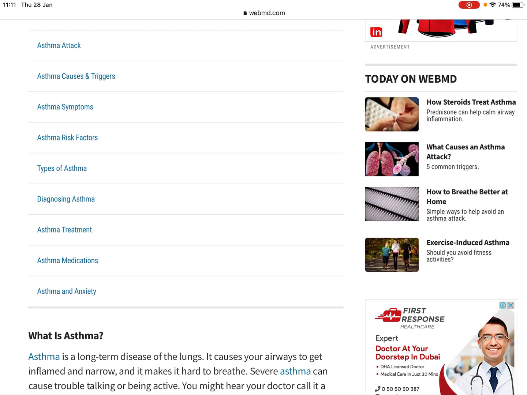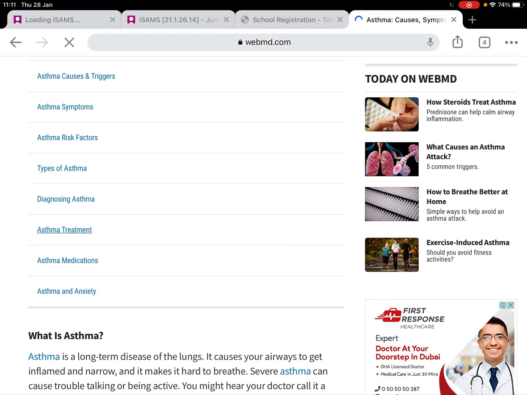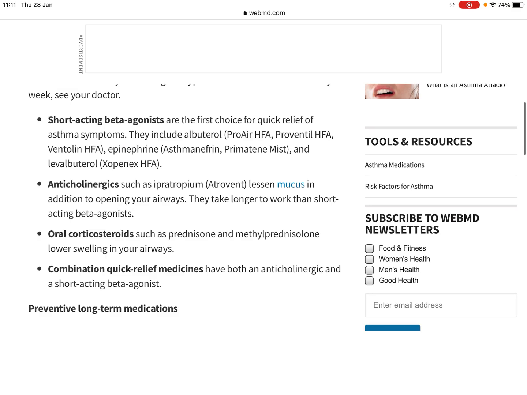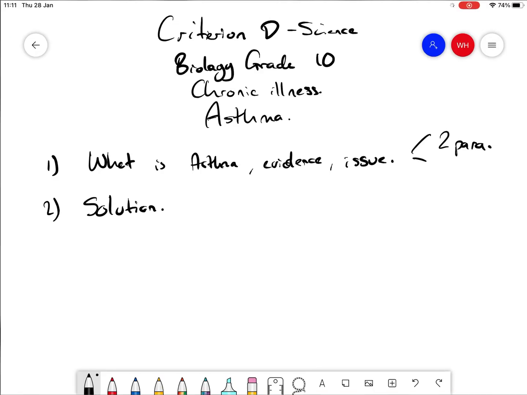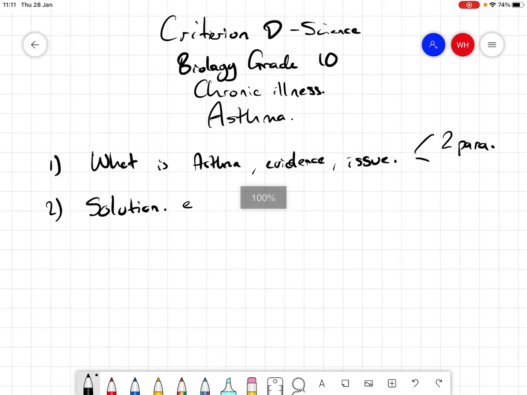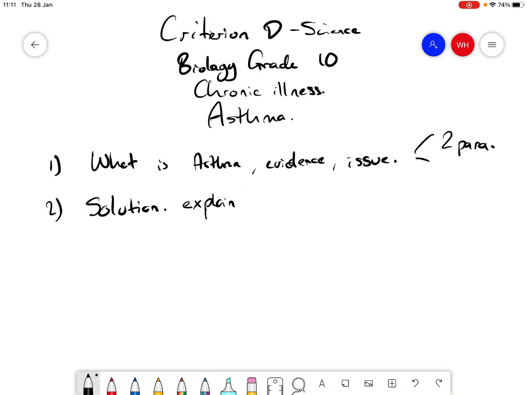So you go to treatment. You perhaps use a different website if you want, but you talk about the solutions. So you explain them, and I want you to focus on one in particular. One solution, and explain it in detail: the solution, how it works, and stuff like that.